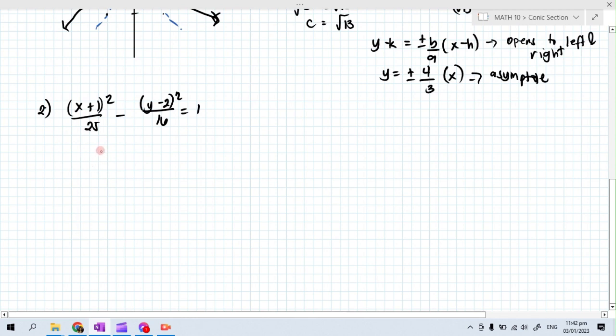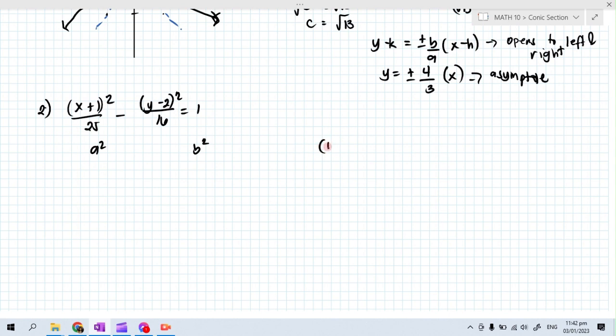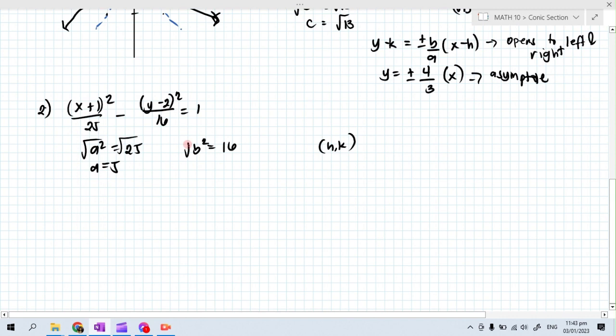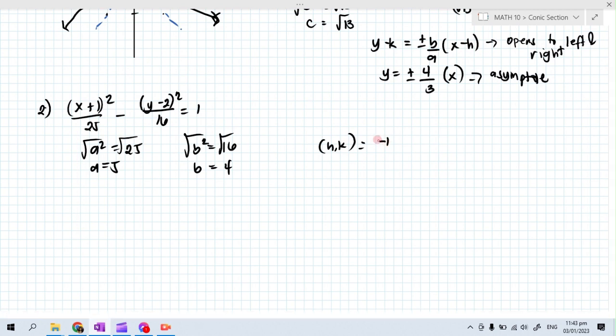First, we need to determine our a squared, our b squared, and of course, our h and k. So first, our a squared is 25, square root of 25, a is equals to 5. Our b squared is 16, square root of 16, our b is 4. Now, our h and k are the opposite signs of 1 here, which is negative 1 and positive 2.